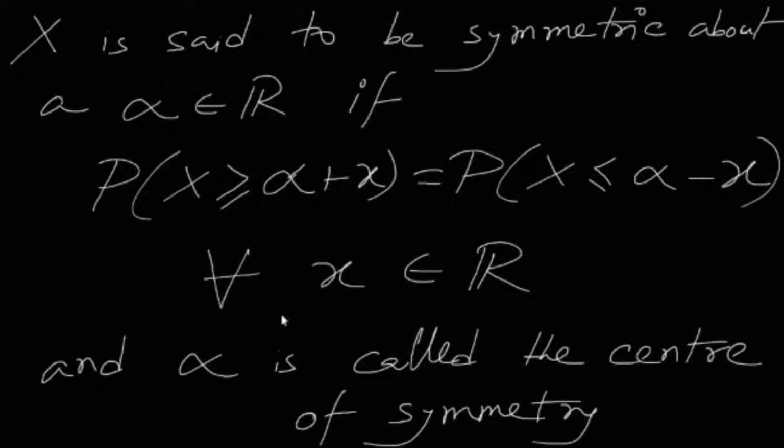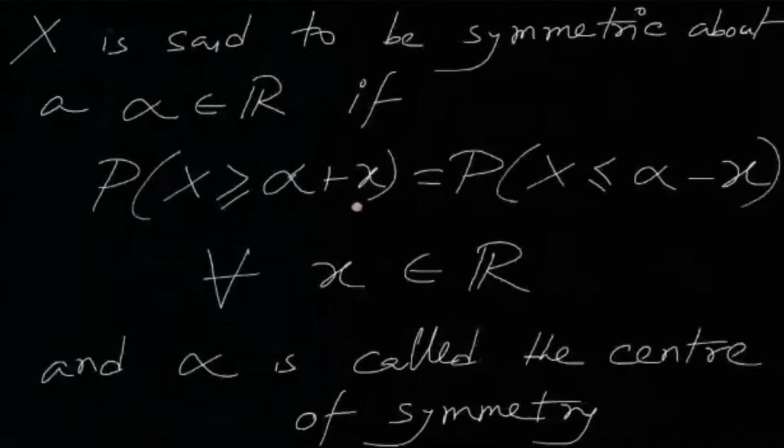This part is important, for all real numbers x. Now you can easily see that the given problem says that x is actually symmetric about the real number half, right? For alpha equals to half, we have this particular problem. So basically x is a random variable which is symmetric about half.